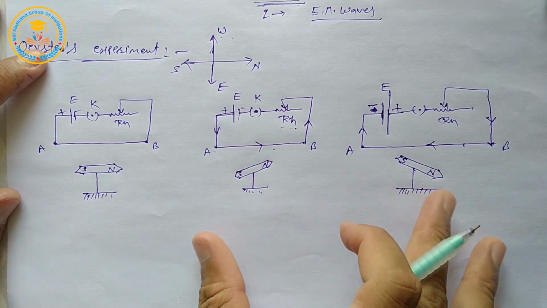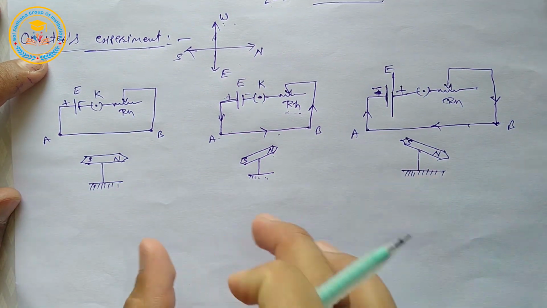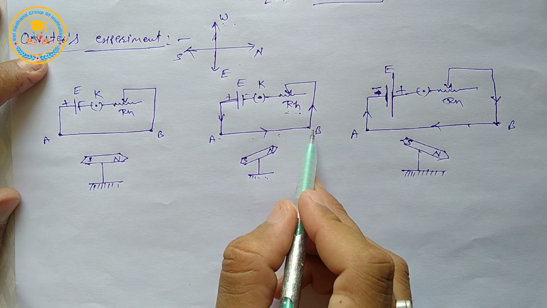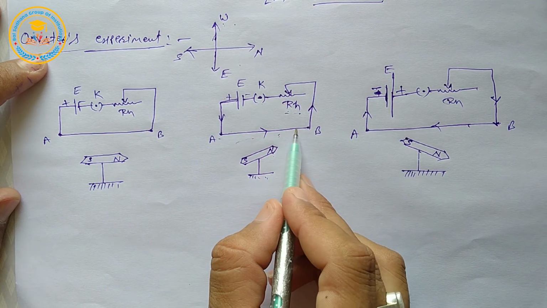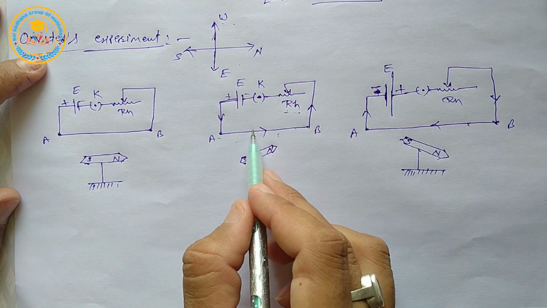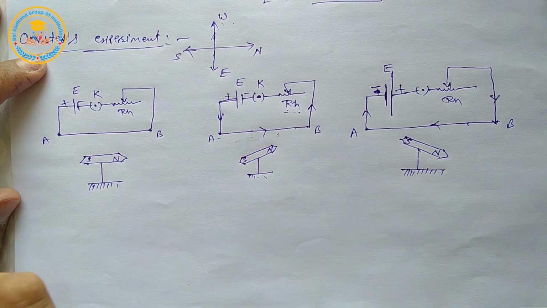Okay, so we can say from this experiment, when an electric current is passed through a conducting wire, then a magnetic field is produced around this wire. This effect is known as magnetic effect of electric current.